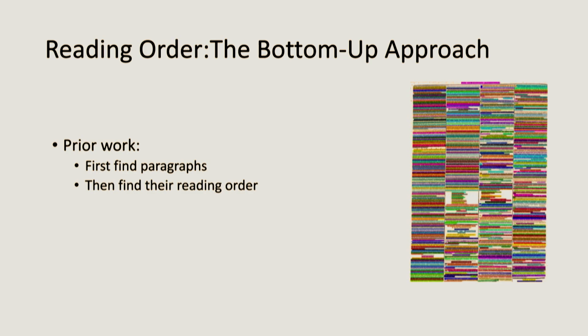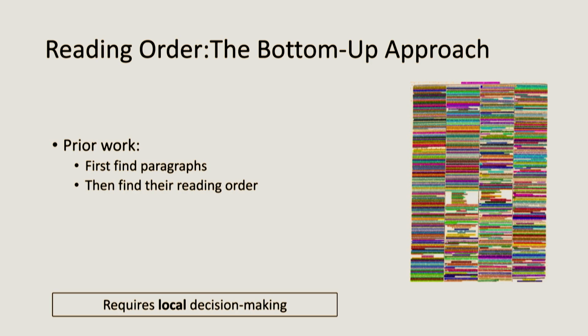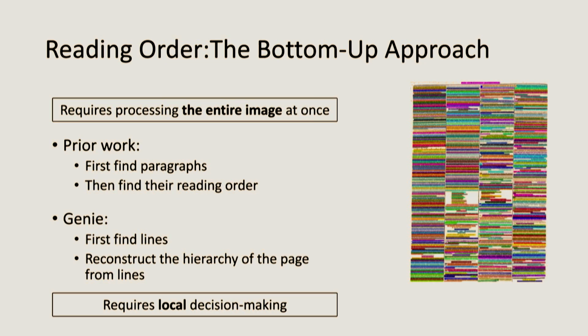And the way prior work usually tries to tackle this is that they take a top-to-bottom approach. So they first try to figure out the entire structure of the page. For example, given the whole image, try to figure out where the columns are, and try to process the entire image at once, and then after that try to find the reading order.